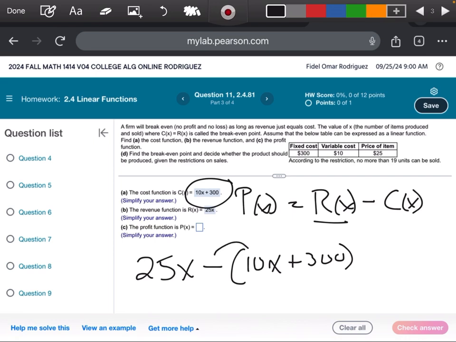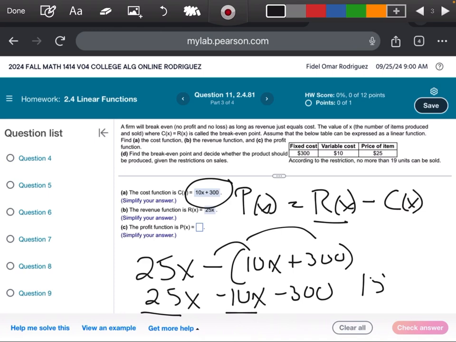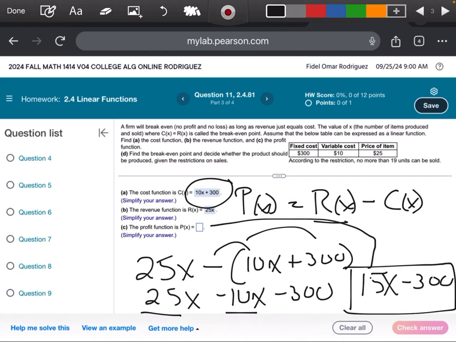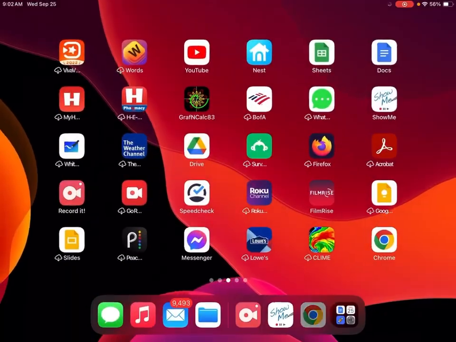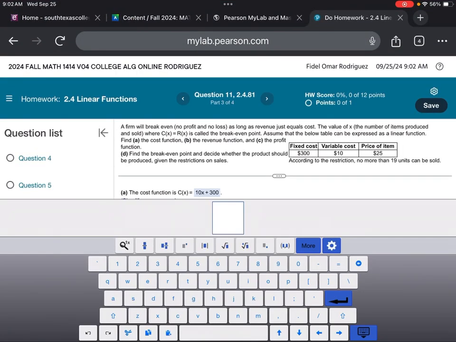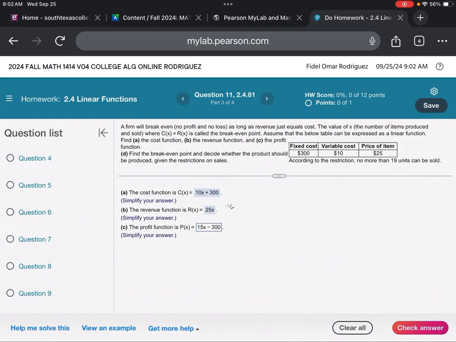Then I'm going to distribute my minus sign, changing both those signs to a negative 10x and a minus 300. And 25 minus 10 should be 15x minus 300. This will be my profit function, okay? So 15x minus 300. So come back here. Let's enter in 15x minus 300. Let's check that. Okay, good.